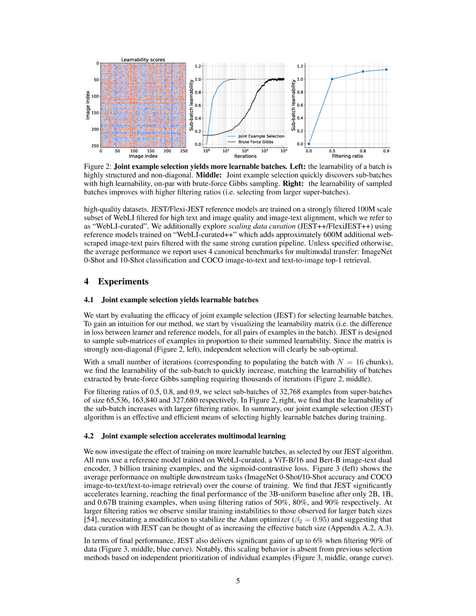Specifically, JEST significantly accelerated learning, reaching the final performance of the baseline after only 2 billion, 1 billion, and 0.67 billion training examples when using filtering ratios of 50%, 80%, and 90%, respectively. JEST also delivered significant gains of up to 6% when filtering 90% of data.